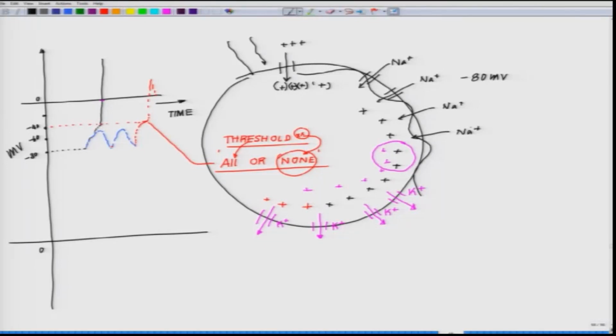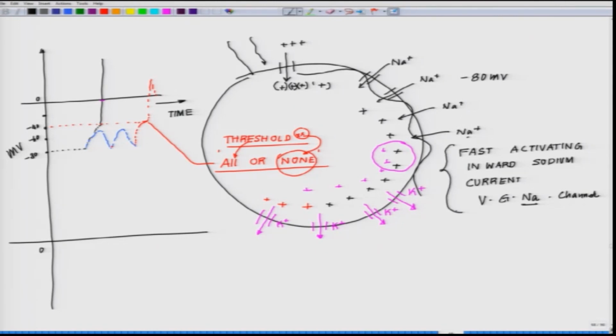So, the first name for the sodium channels, voltage gated sodium channel, is fast activating inward sodium current, which is governed by V for voltage gated, Na for sodium channel.